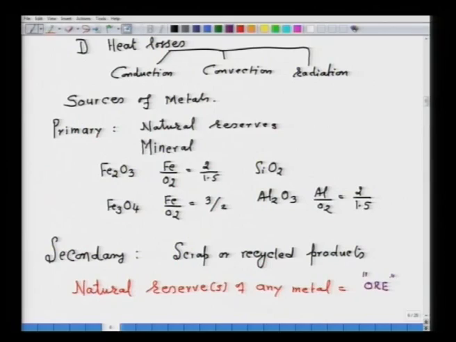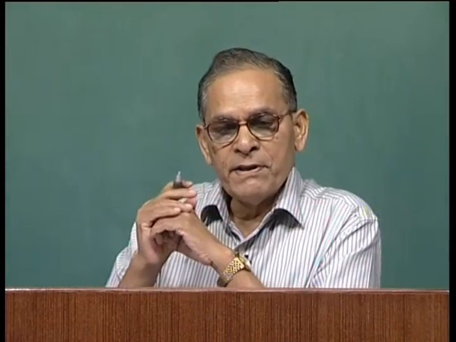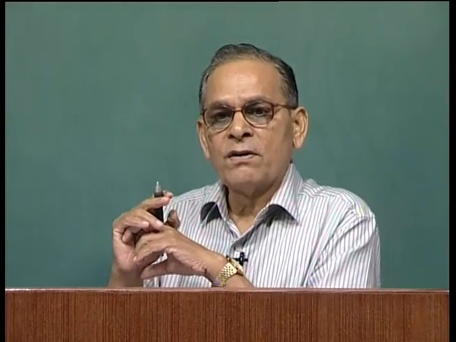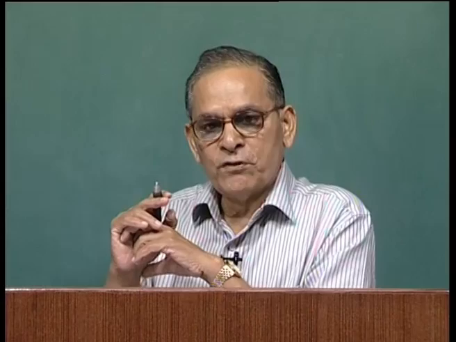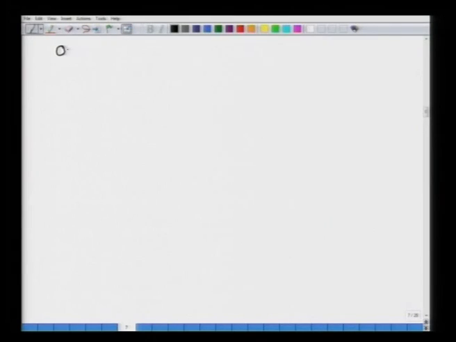So, remember there is a difference between ore and a mineral. A mineral is an inorganic compound in which elements are combined in stoichiometric proportions, whereas an ore is an aggregate of minerals. Remember, ore in fact is an aggregate of minerals.